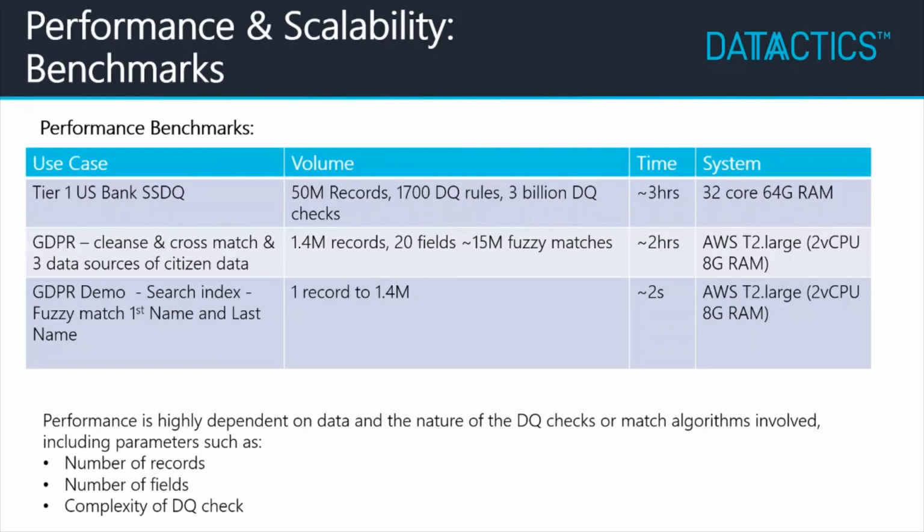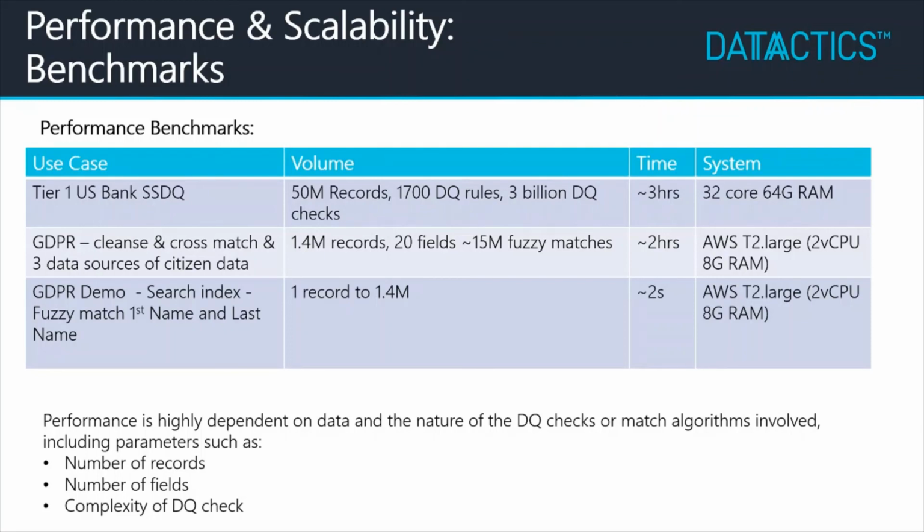The second use case is an overnight GDPR batch job to link 1.4 million messy customer records from 3 disparate silos in different formats, standardizing and fuzzy matching on name, address, and other PII fields. This was implemented in an AWS cloud infrastructure on a comparatively low-end EC2 instance and still achieved acceptable performance.